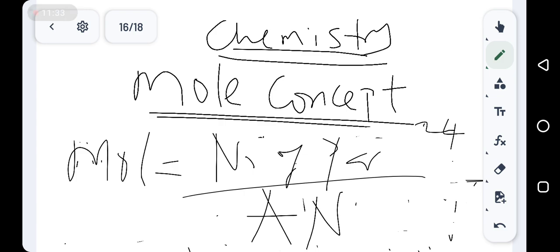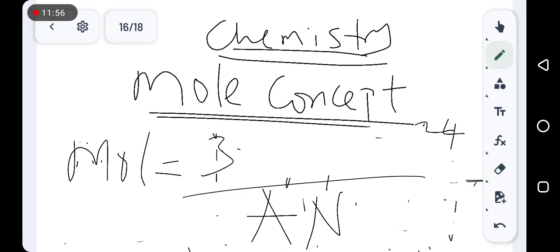So we are given the number of particles as 3.01 times 10 raised to power 24 particles. So we substitute it here: number of particles, 3.01 times 10 raised to power 24.